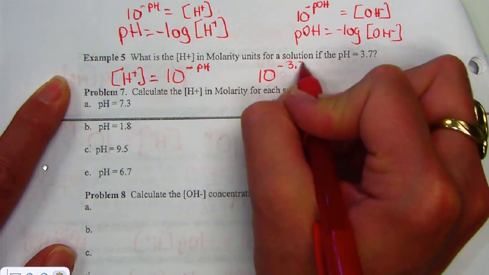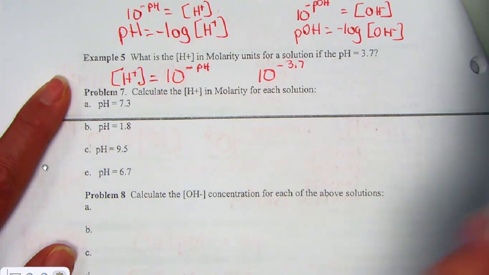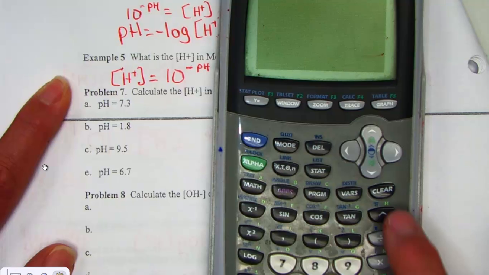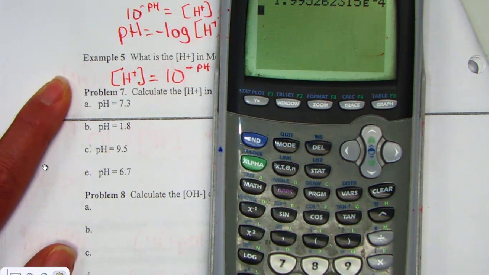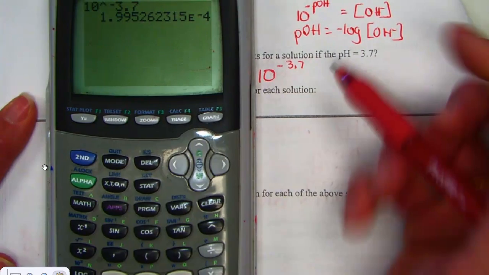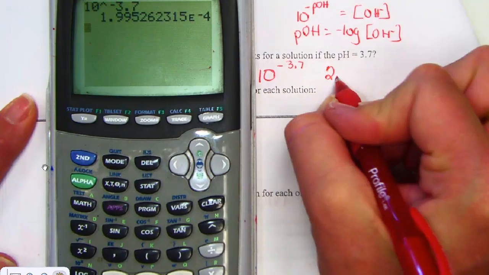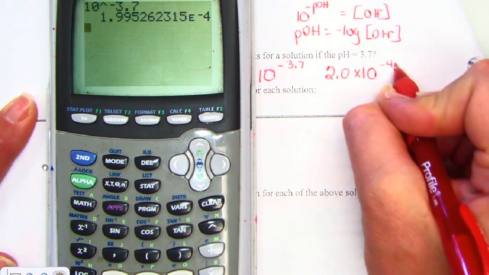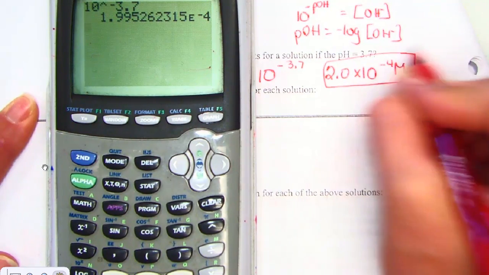What's 10 raised to the negative 3.7 power? 1.995 times 10 to the negative 4th molar units. You want to say that's 2.0? We can round a little bit. 2.0 times 10 to the negative 4th molar units.